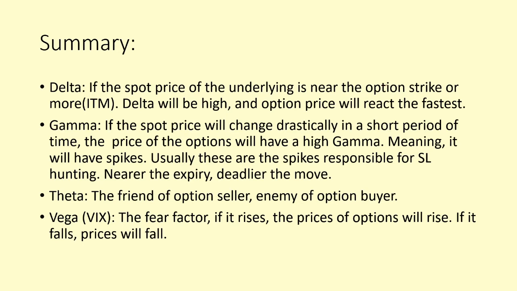So delta: when the spot price of the underlying is near the option strike or more in the money, the delta will be high. The chart of delta goes something like this. I am not able to draw this properly, but it starts from 0 and it goes to 1.